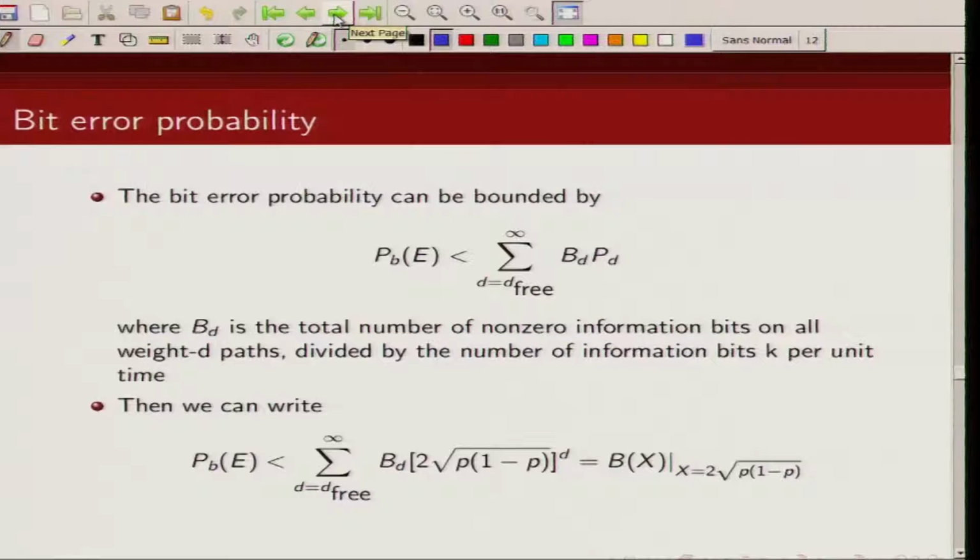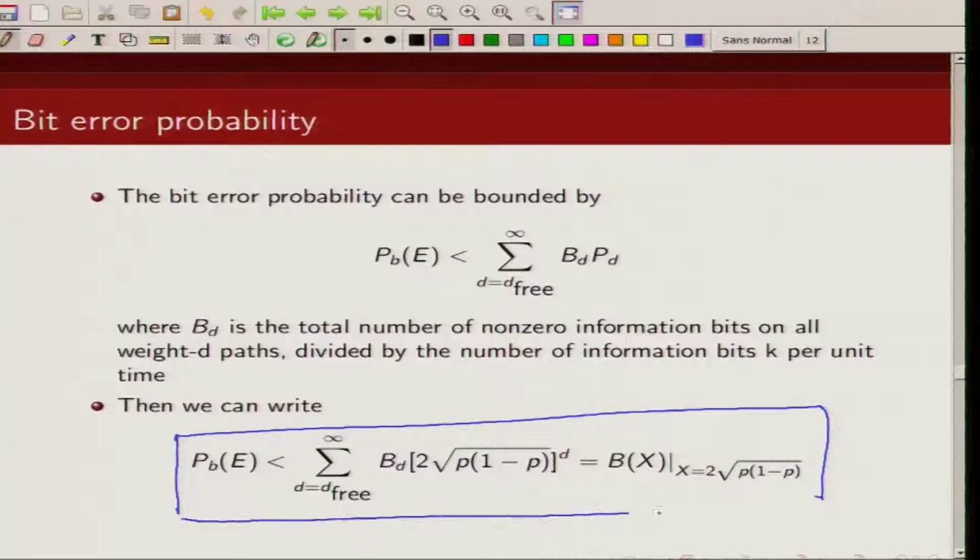So, if we plug that value of bit error rate probability, we can similarly write the expression for bit error rate probability.